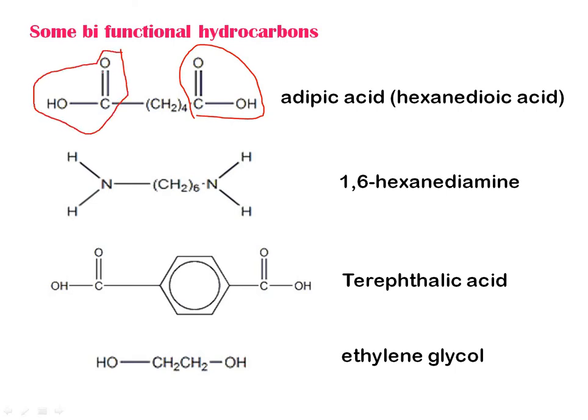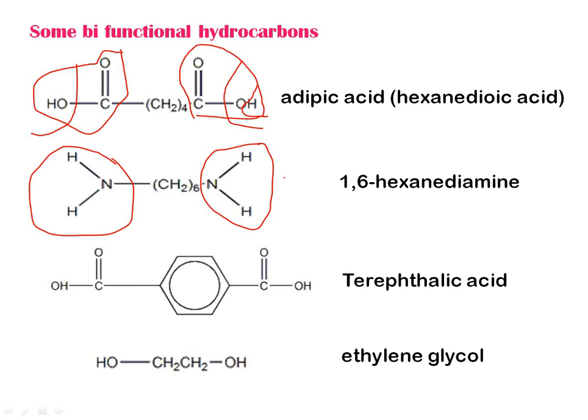End to end, this carboxylic acid may lose its hydroxyl group, or the acidic hydrogen, by linking with another acidic group, or an alcohol or amine, any other monomer having a polar functional group with affinity towards each other. Similarly here, two amine groups are present. This amine is capable of losing the hydrogens.